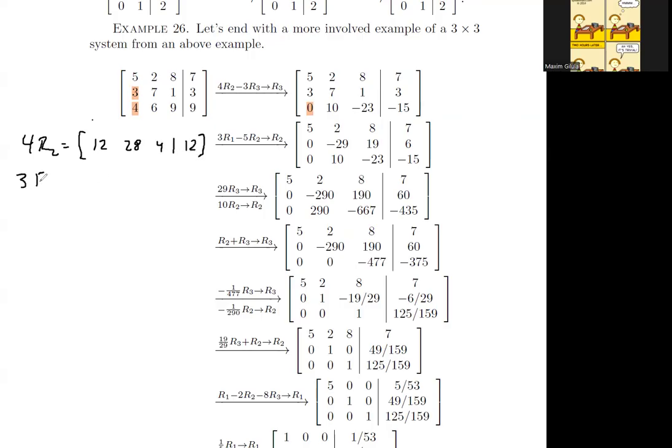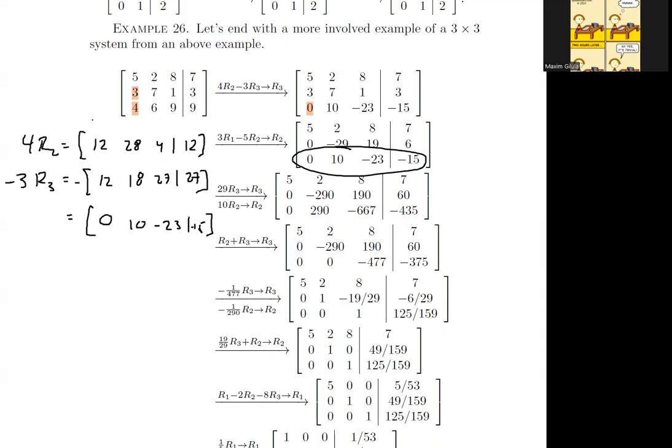And 3 row 3 is 12, 18, 27, and 27. So if I subtract them, I get 0, 10, minus 23, minus 15, which is exactly what's written over here.